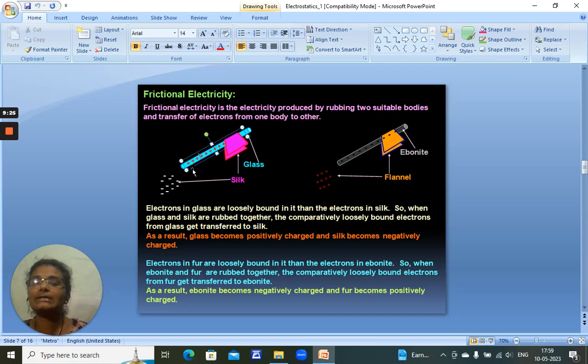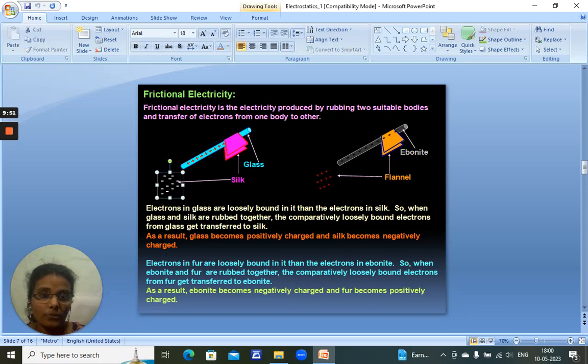The glass loses electrons since they are loosely bound in the outermost orbit of the glass. They are moved from the outermost orbit of the glass and transferred to the silk cloth, and since it is transferred, the silk cloth gets negatively charged.